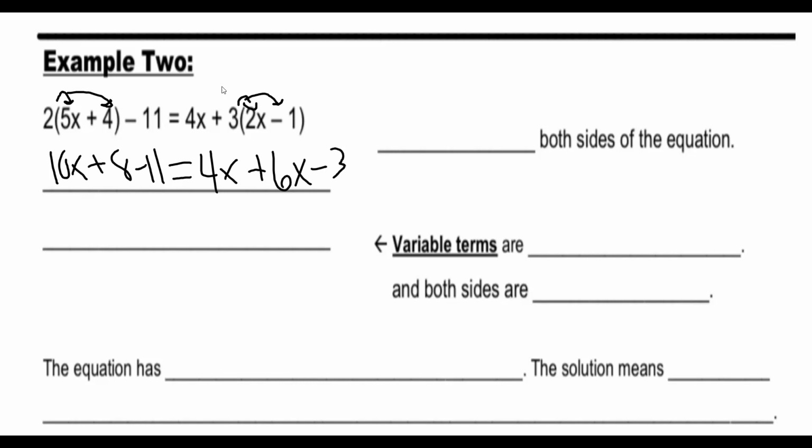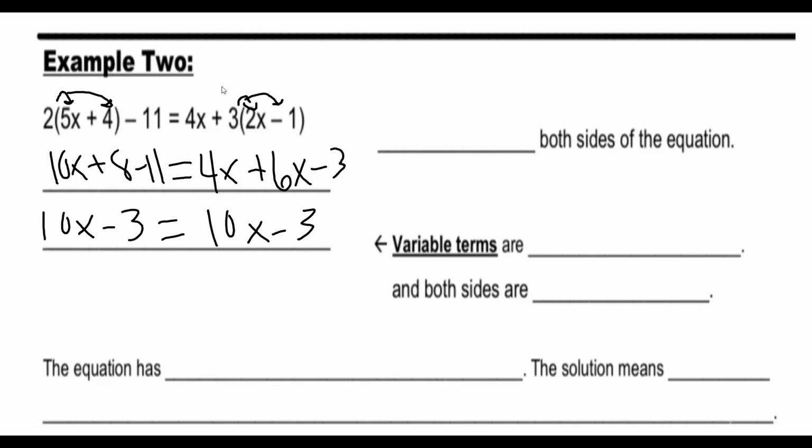So now we're going to have to simplify both sides of our equal sign. So 10x and then a positive 8 minus 11, negative 3 equals, and then we're going to combine our like terms on our right side. So 4x plus 6x is 10x minus 3. Automatically, I see that both sides of our equal sign are the same.